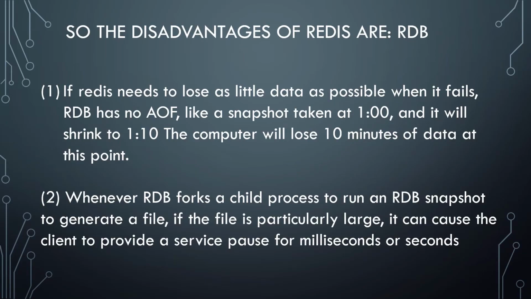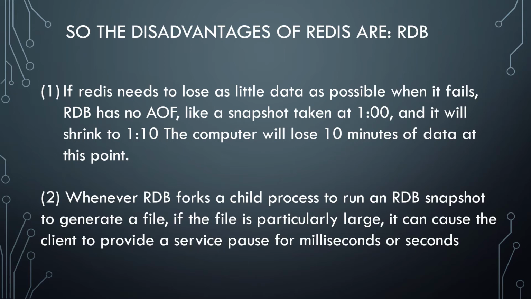So, the disadvantages of Redis RDB. If Redis needs to lose as little data as possible when it fails, RDB is not suitable, unlike AOF. For example, a snapshot taken at 1 o'clock and then every 10 minutes, the computer will lose up to 10 minutes of data at this point. 2.